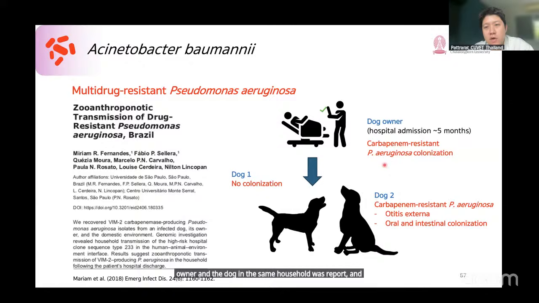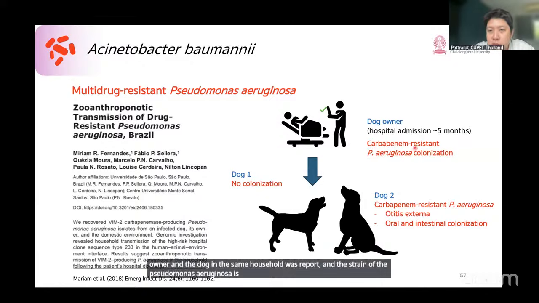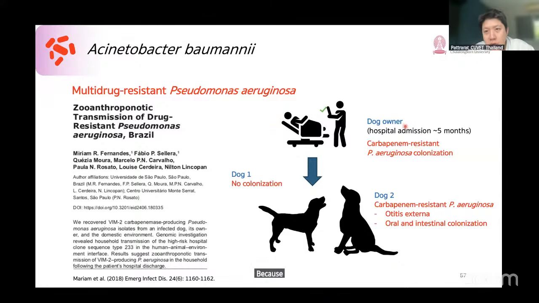The strain of Pseudomonas aeruginosa is carbapenem resistant because the dog owner was ill and was admitted to the hospital for up to 5 months. So this is a risk for the owner to acquire a carbapenem-resistant Pseudomonas aeruginosa strain from the hospital.